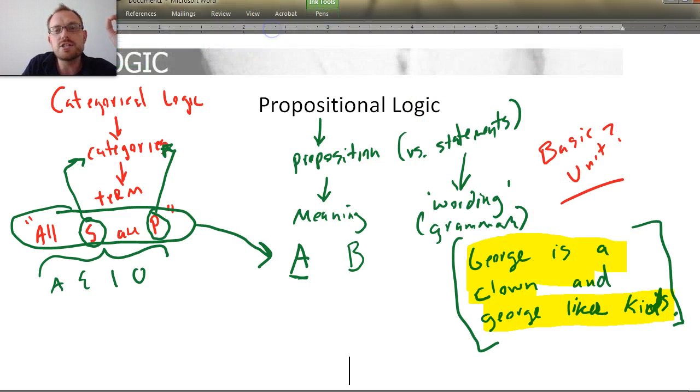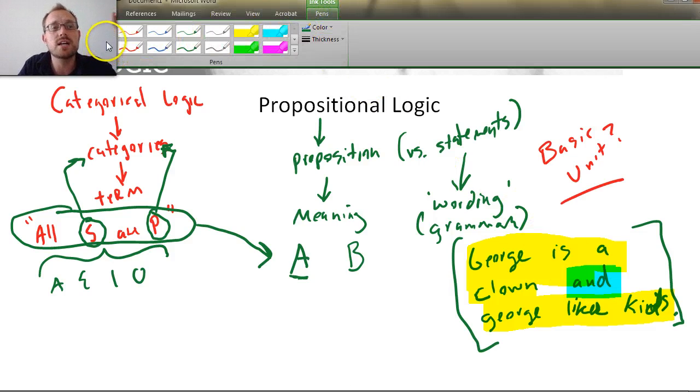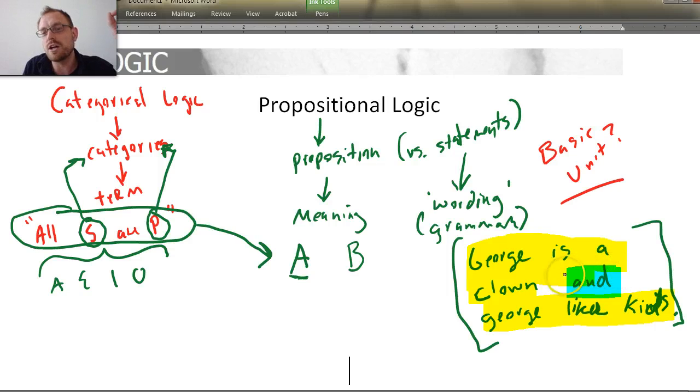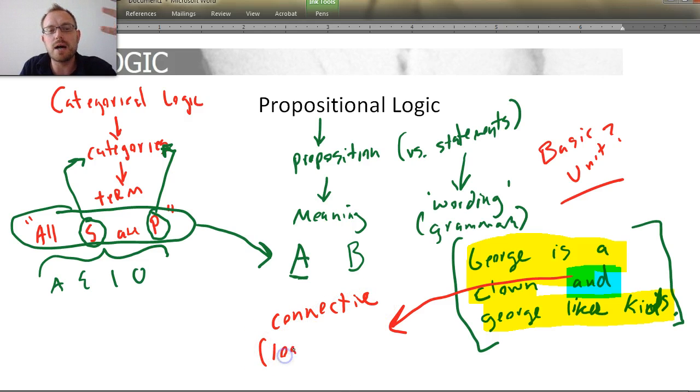And this term here, this is what we call in propositional logic a connective or a logical operator, right? This and is going to be called a connective. Mainly I want you to think of it as a logical operator. Now, what gets connected?